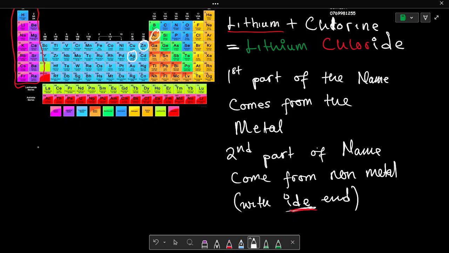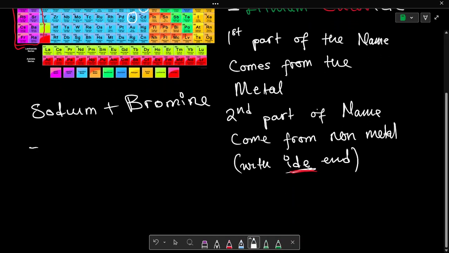So if we get sodium and combine it with bromine, which is from group 7, it is a non-metal. What is the name of the new compound that will be formed? We said that the first part of the name comes from the metal, and the metal in our case is sodium, so it will be sodium.